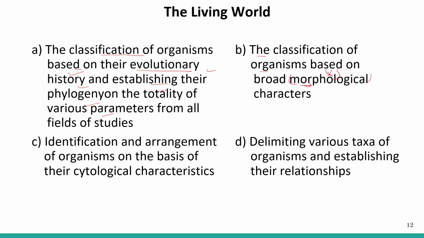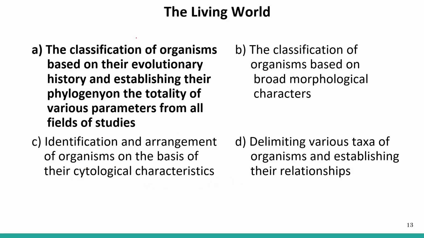Third is identification and arrangement of organisms on the basis of cytological characters. Again, this is wrong. Cytological characters include chromosome number and structure of the chromosome. Fourth option, delimiting various taxa of organisms and establishing their relationship. This is also not correct.